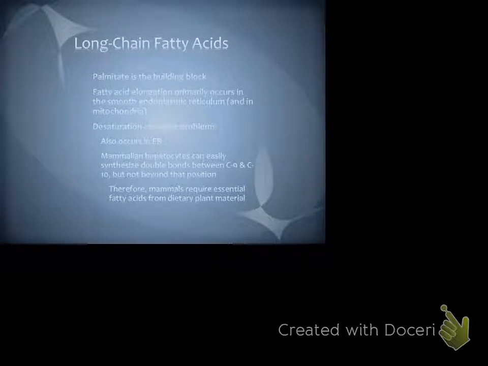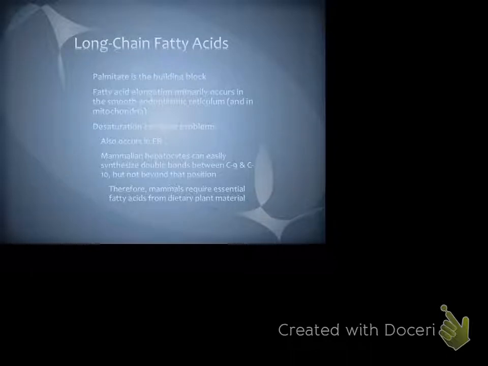Now, the hepatocytes can easily go all the way up to carbons 9 and 10. So just like, for whatever reason, the fatty acid synthase can only make up to 16 and it has to stop, the hepatocytes' ER can only add in the double bond as far as between carbons 9 and 10.